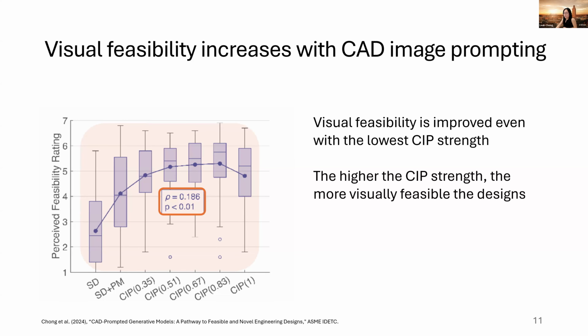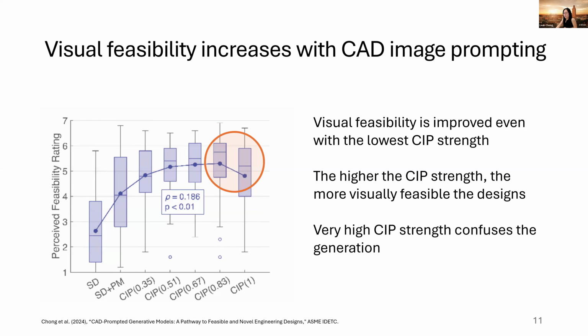And the higher the CIP strength, the more visually feasible the designs were. So we can see this increasing trend here. And then what was interesting was at a very high CIP strength level, it seems to be confusing the generation and the visual feasibility drops a little bit.